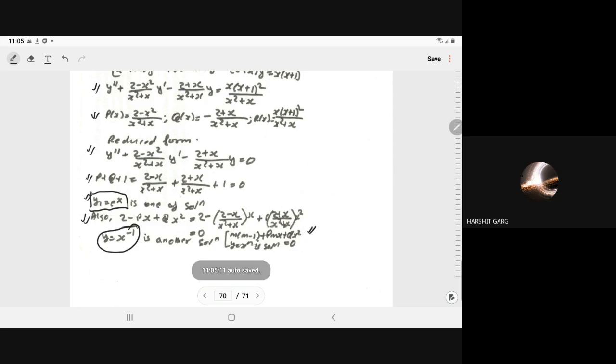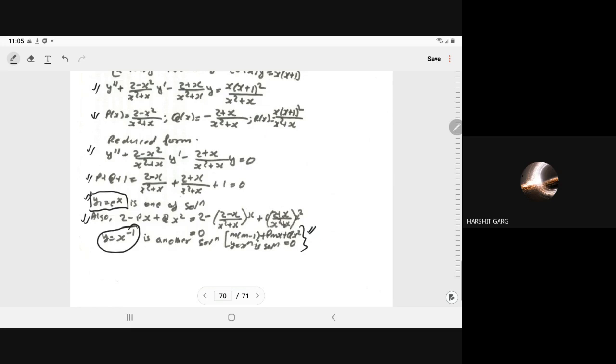What is the general formula? m(m - 1) + p m x + q x^2. If it is equal to 0, then we say x^m is the solution.